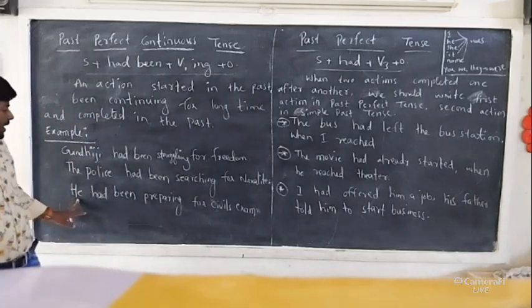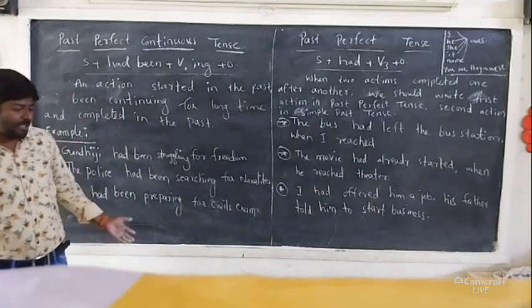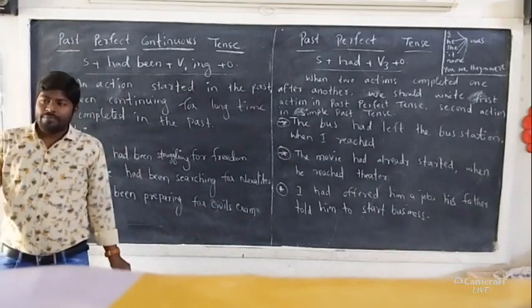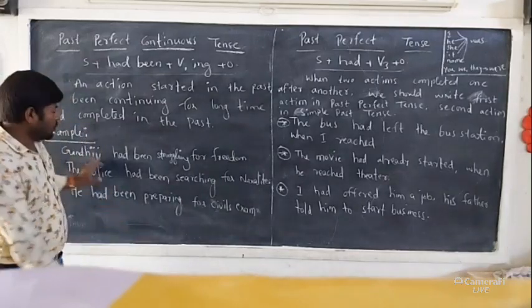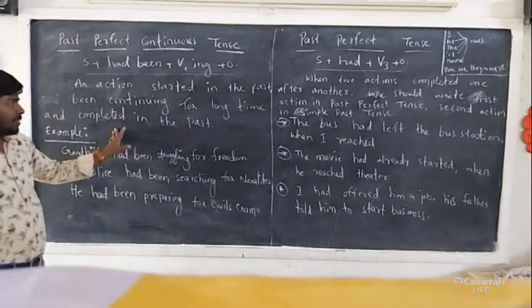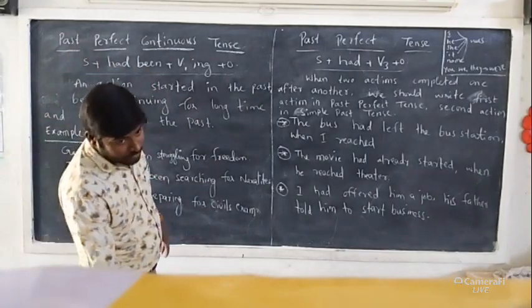In the same way, he had been preparing for the civil exam or UPSC exam for 5, 6 or 10 years. So to talk about these kinds of long-term past actions, we use the past perfect continuous tense.